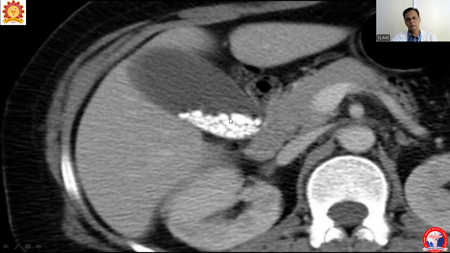Most of them are oval to round in shape. They are well defined, multiple calculi seen in the dependent region. This is multiple gallbladder calculi without cholecystitis.